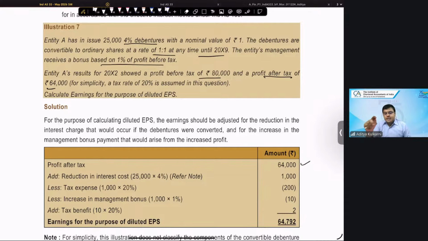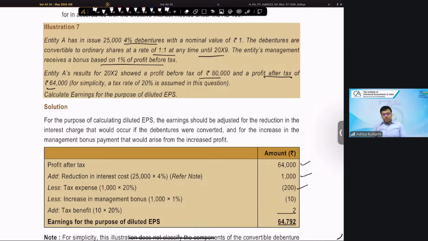Yes, sir. So that saving I will have to add back: 25,000 into 4%, 1,000. Okay. Now, if I save interest, will I pay more tax? Yes, sir. 1,000 into 20%, minus 200.